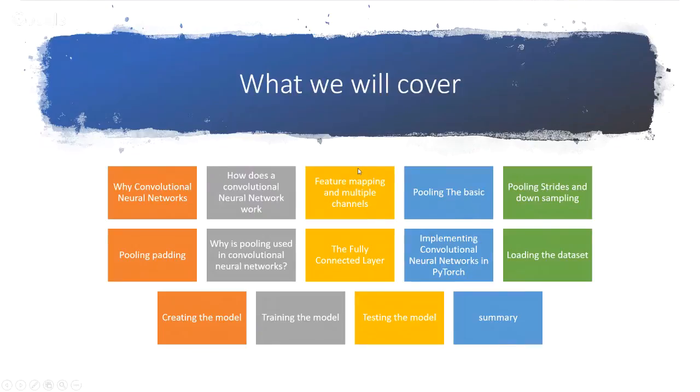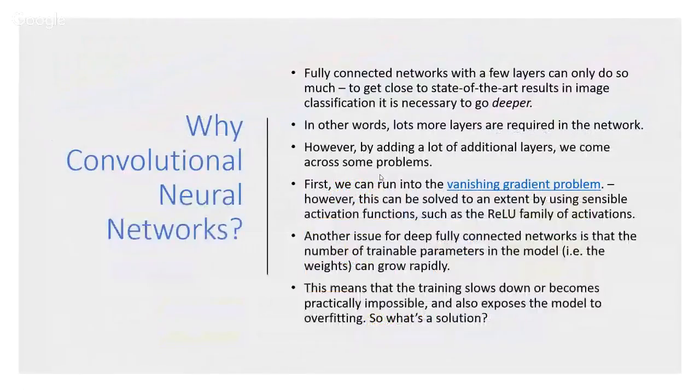Right at the beginning, why convolutional neural networks? Fully connected neural networks with a few layers can only do a certain amount, and with image classification it's necessary to go deeper, with a lot more layers than you would normally use in a normal problem.